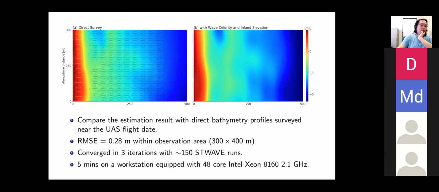And this only took about 5 minutes on a workstation. Basically, we want to deploy this onto the drone, which can receive the real-time data. Then we process it and transfer it to a remote server, and on the remote server you run the inversion to get very close to real-time bathymetry inversion.